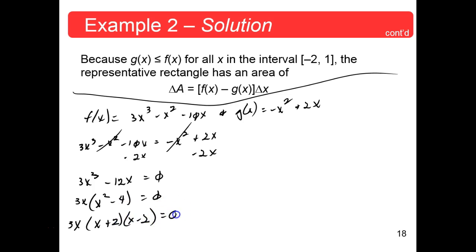Okay. That's equal to 0. And what does that imply? Anybody? X equals 0 is a zero. X equals negative 2 is a zero. And x equals 2 is a zero. We have 3 points of intersection, don't we?